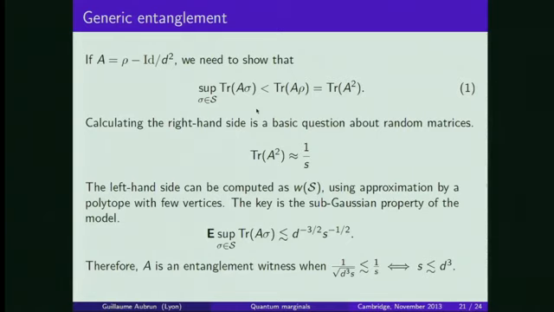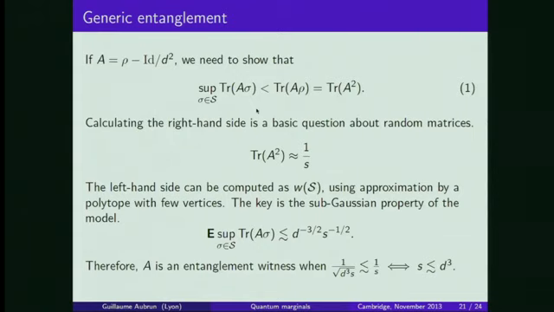But still, the same approach works. You may also approximate S by a polytope and have this bound with, again, this factor d to the minus 3/2. And the key is that the tails are comparable to the Gaussian tails, what we call the sub-Gaussian property.